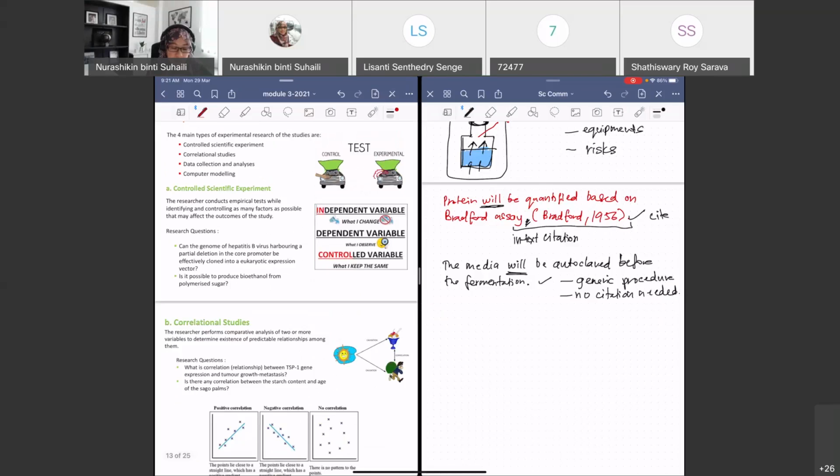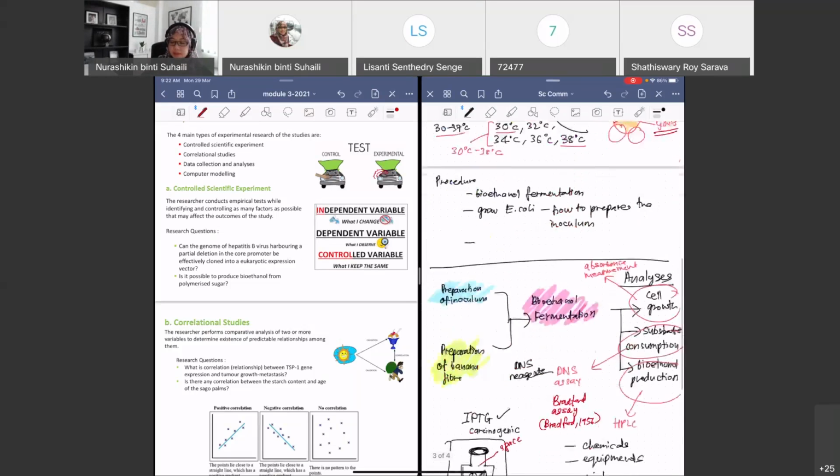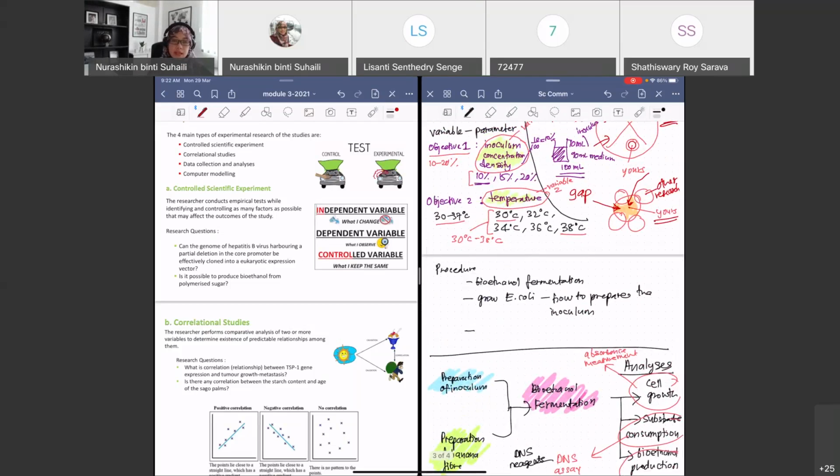The first one is the controlled scientific experiment. What is meant by controlled scientific experiment? The researcher conducts empirical tests while identifying and controlling as many factors as possible that may affect the outcomes of the study. The easiest way is when you have the variable, you control the variable. What are the variables just now? The inoculum concentration and density.